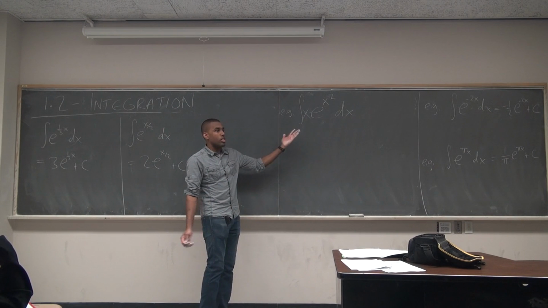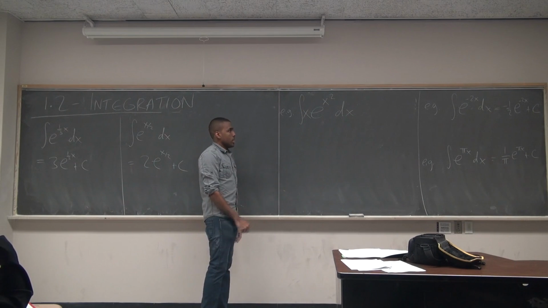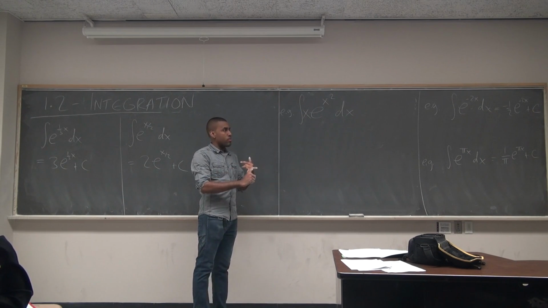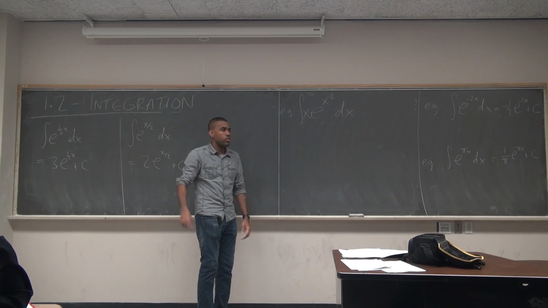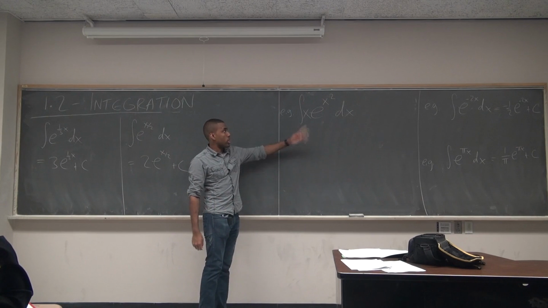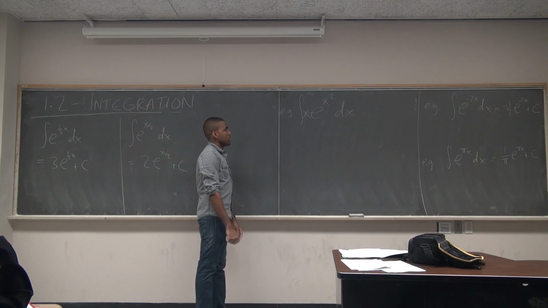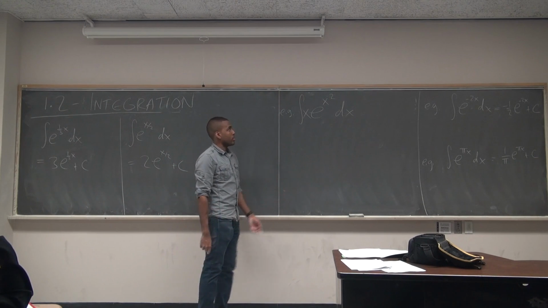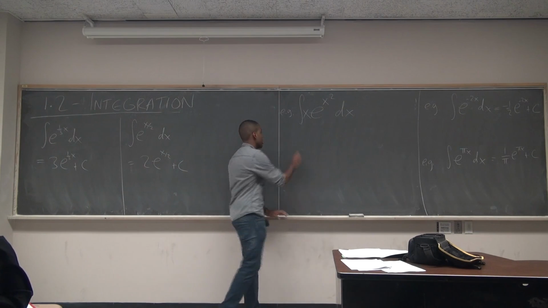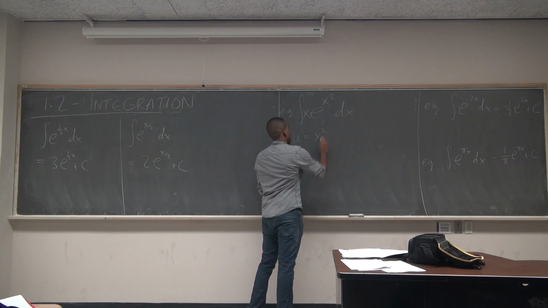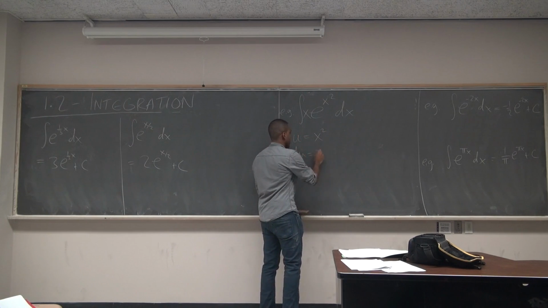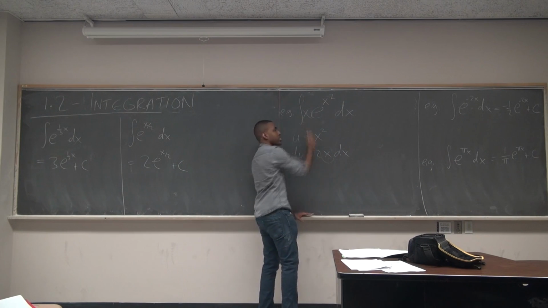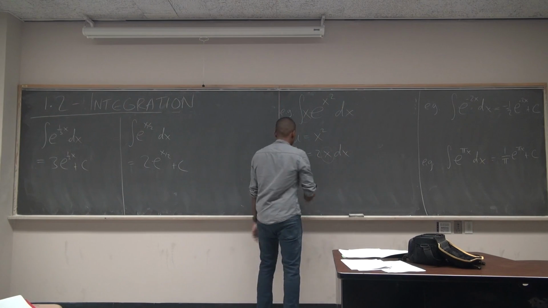So basically, if it looks ugly, either you have to simplify first, like that problem I gave over here where we just foiled out and canceled stuff. If that doesn't work, which it won't work here, it's a substitution. So then we think, what makes this complicated? Well, the x squared makes it complicated. Is that a good substitution? I don't know. Find the derivative. Oh, here's an x. Here's an x. It's a good substitution.